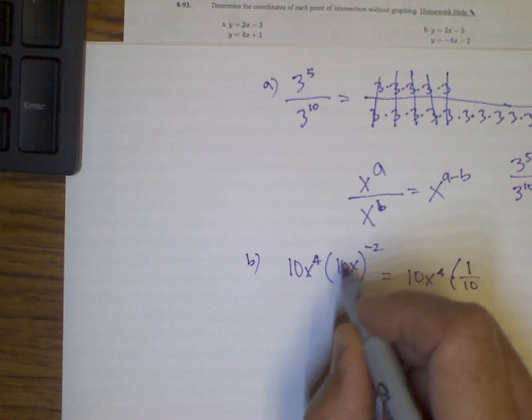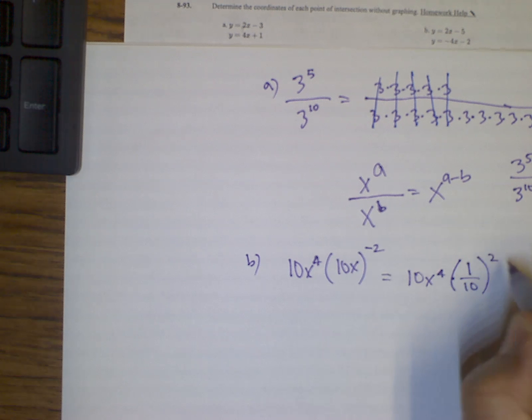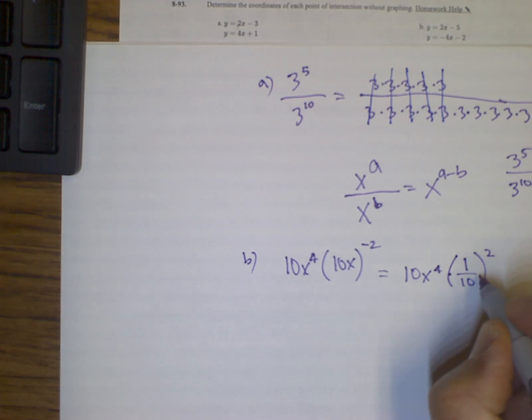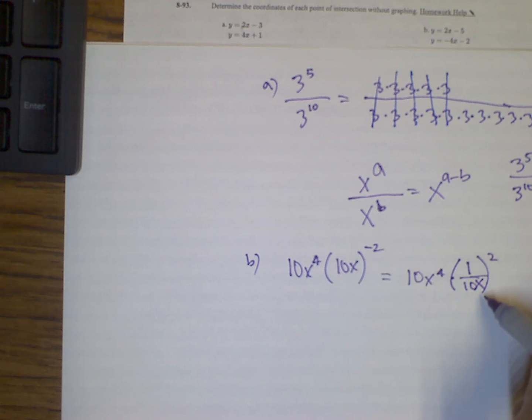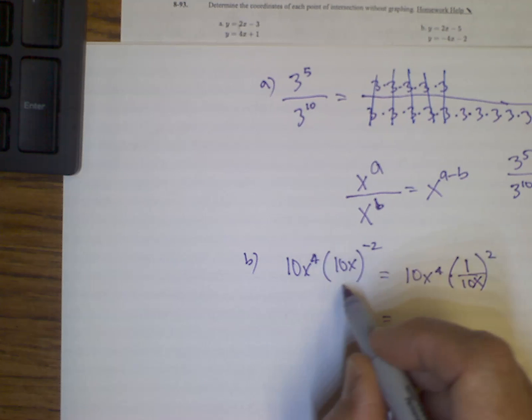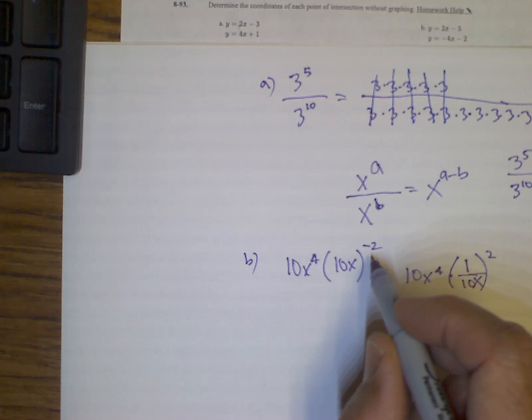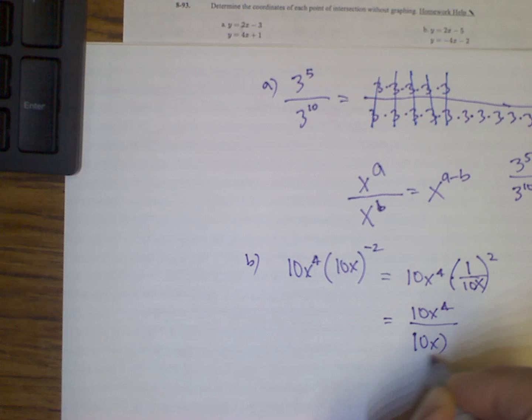That negative 2 applies to both the 10 and the x, and the 10x becomes the denominator. Or we can look at it as that whole thing going immediately to the denominator, so we end up with 10x to the 4th over 10x all to the second.